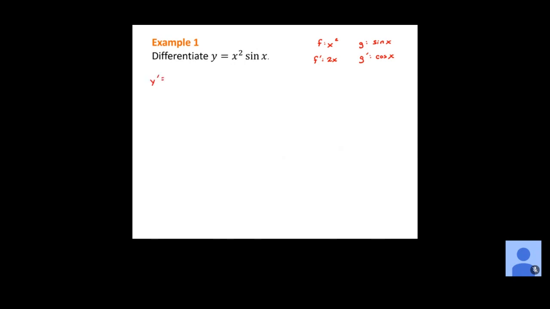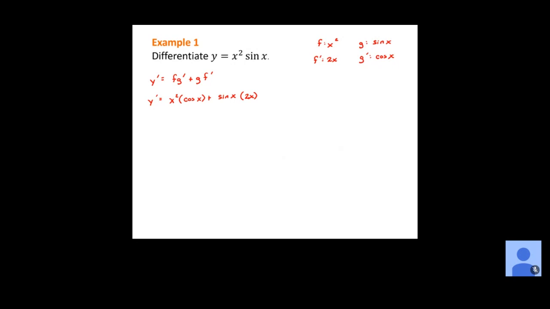Y prime, remember our product rule is f g prime plus g f prime. Now we just plug everything in. Start with f. We've got x squared times g prime, which is cosine x, plus our g function, sine of x, times f prime, which is 2x. Okay, and we're done.